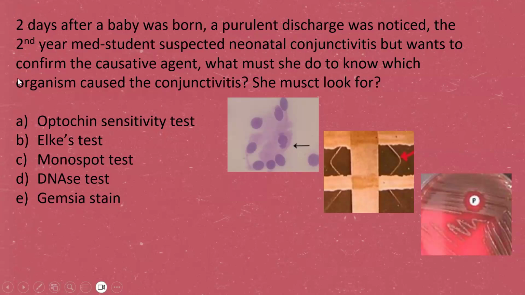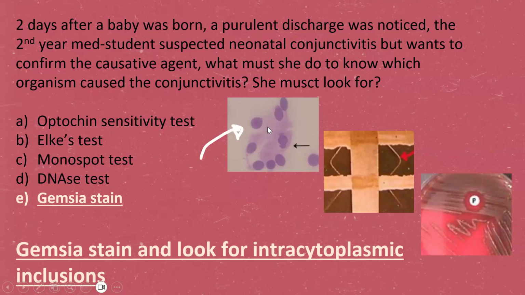Now we're going to take a swab from the patient. We're going to do cultures, and specifically, we're going to do a Giemsa stain to look for the intracytoplasmic inclusions inside the cell. Okay, so this is the answer.